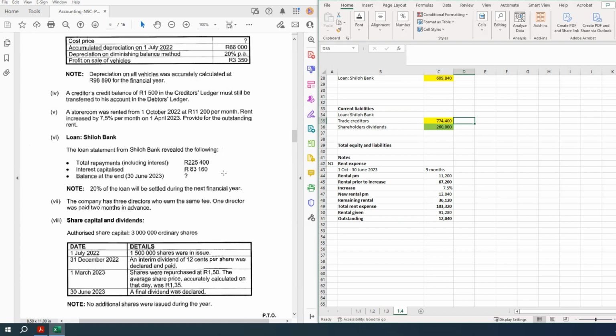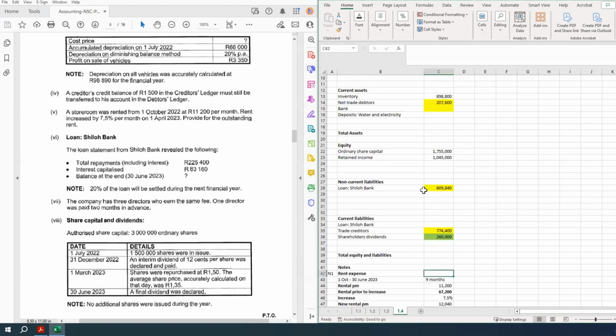So that's effectively what they provided us here. So we know from the loan statements, we have total repayments, including interest, of 225,400. And then we've got interest capitalized of 83,160, and then the balance at the end is not provided.